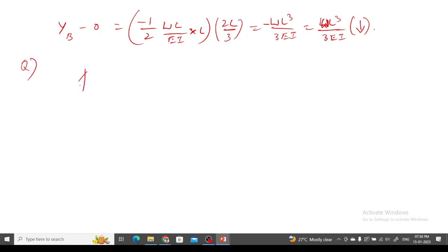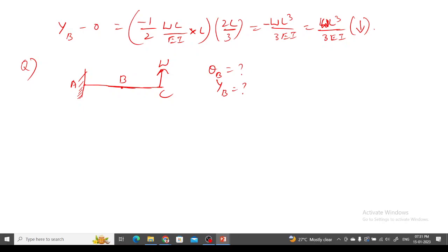So here is a cantilever beam, which is loaded at the end like this. This is point B and this is point A. You have to find out what is theta B and YB. Theta B equals question mark and YB equals question mark.